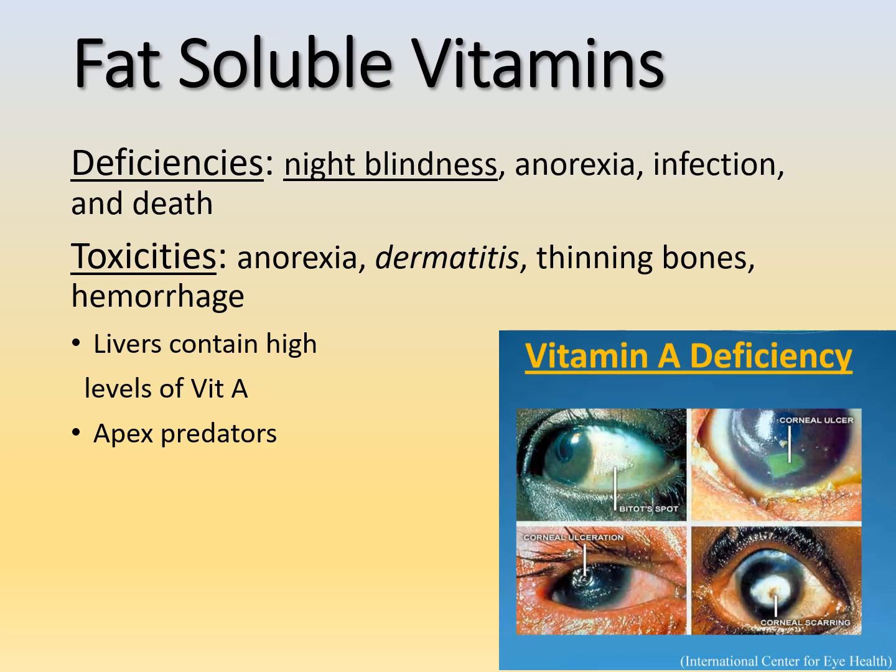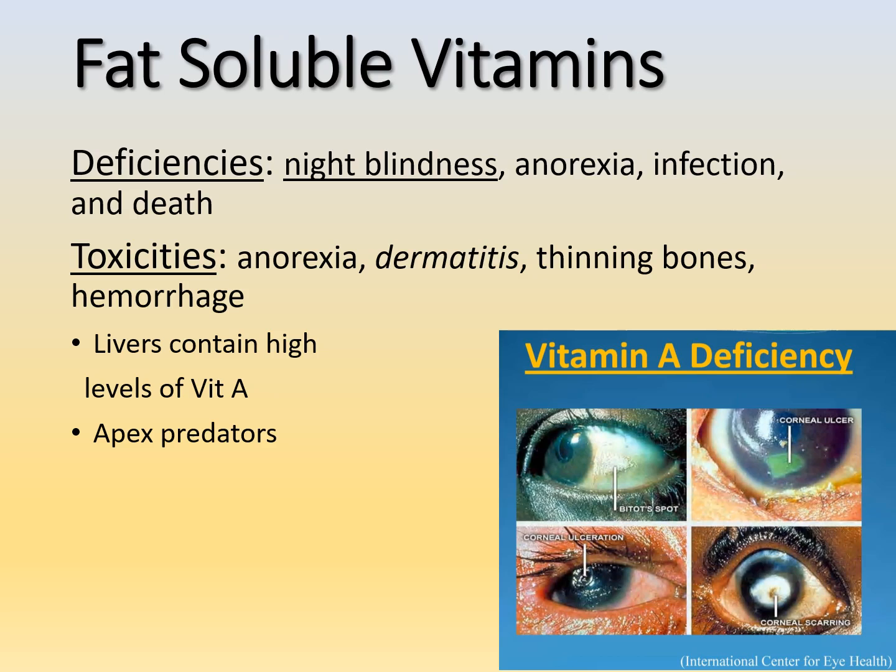Sometimes it's interesting because the toxicities can mirror the deficiencies, which is interesting if you think about it. And dermatitis is a big symptom of a lot of deficiencies and toxicities, so it's a very general problem. So it's hard to say that because an animal has dermatitis, it's this specific vitamin or not.